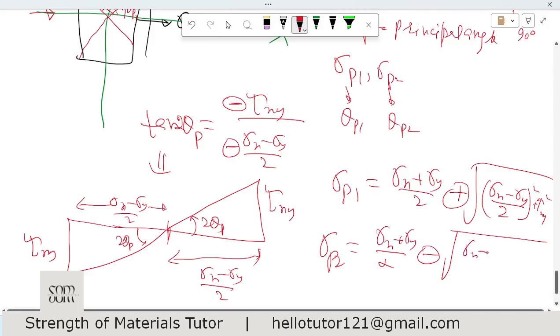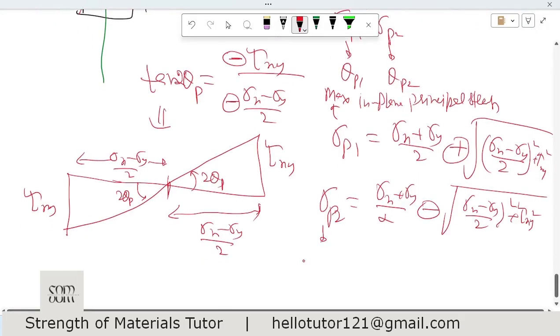This sigma p1 is called the maximum in-plane principal stress, and this is called the minimum in-plane principal stress.